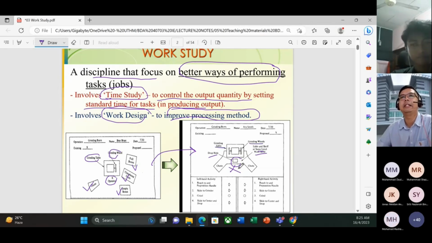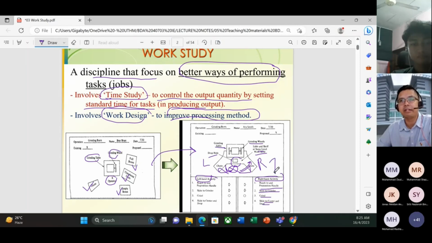So located in the center. This is the right hand, and this is the left hand. Please imagine that we are here in the center. Our right hand will be focused on this task, for example, reach the preposition handles, slide to the grinder, grind, slide to center and drops.